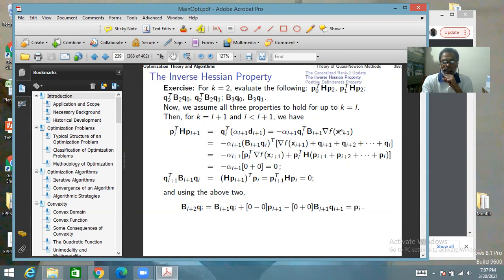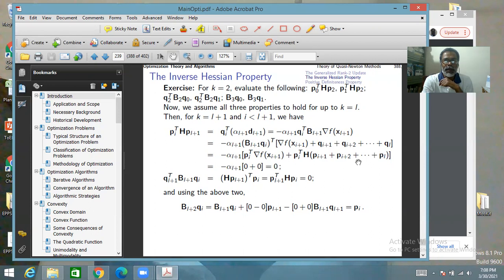This is what we needed, minus the gradient at xL, which will get cancelled with the previous one till this point. So this gradient we put as the gradient at xi plus 1 plus all the differences from that point up to this. Now this thing is Pi, so we put Pi transpose here into this, plus the same Pi here into, now all these Q's we write as H into the corresponding P.